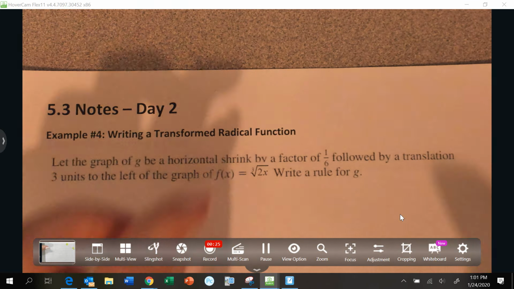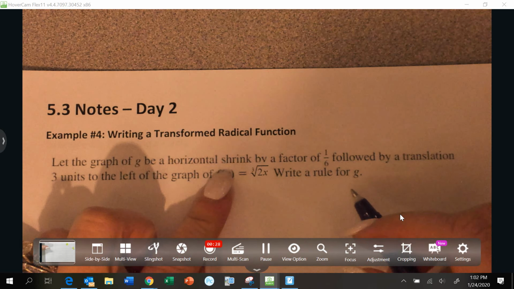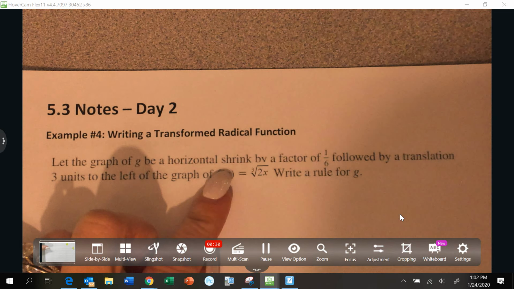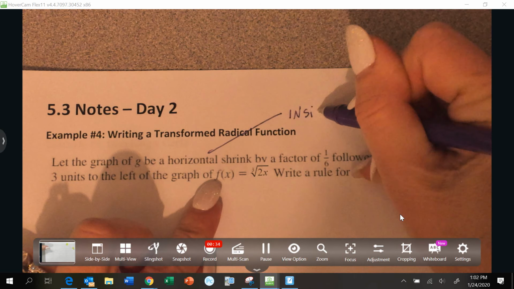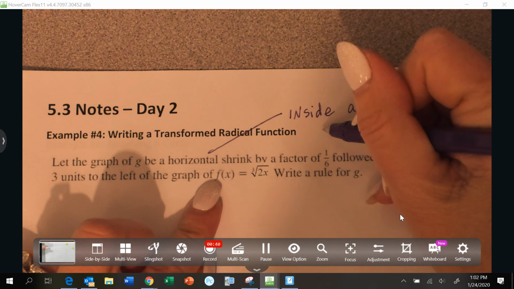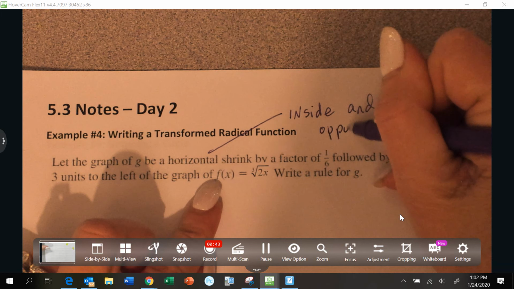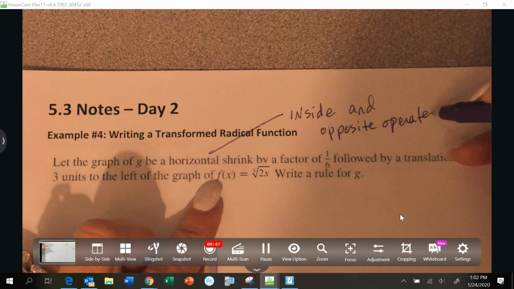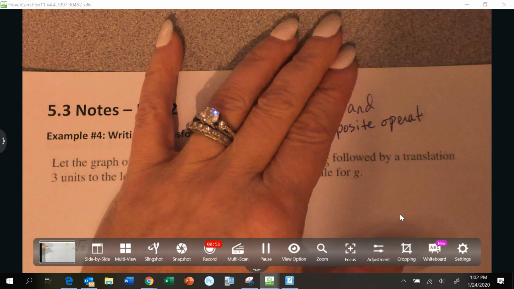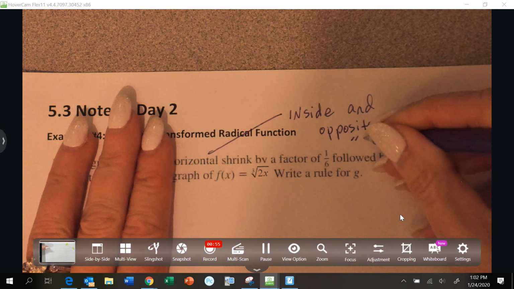Factor of 1/6. What do we know about horizontal? It's inside. And it's the opposite, so you'll write like 6x. Implicit operation, which I'm going to start using this word more, is called the inverse.